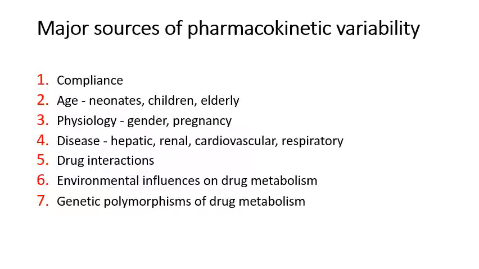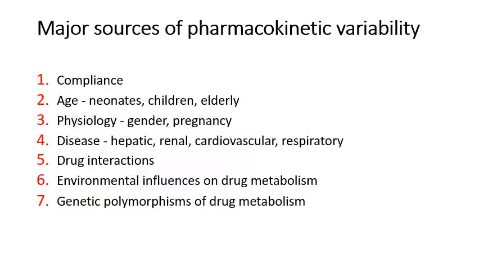Also, the disease status could affect PK variability, like in cases of diseases that affect the organs of metabolism, like hepatic or renal, or diseases that affect the cardiovascular system and subsequently the blood flow to the organs, or respiratory diseases. And also drug interactions could cause PK variability.